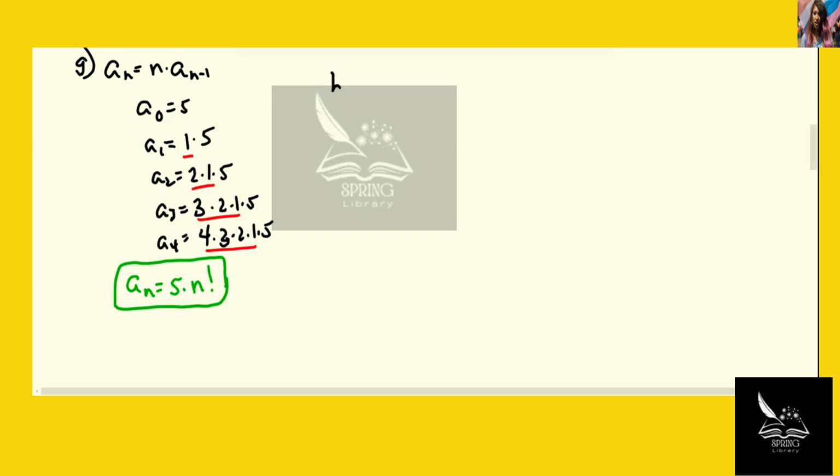Okay. And last sequence, H. A sub n equals 2n times a sub n minus 1, where a sub 0 equals 1. Same process. We're going to see if we can find a pattern. A sub 1 is 2 times n times my prior term.